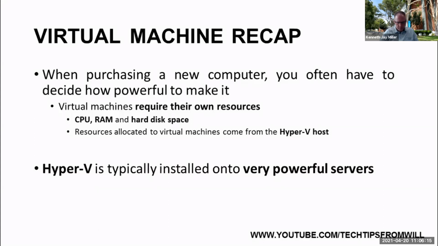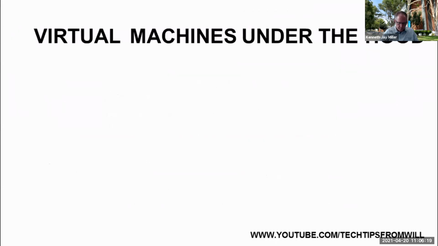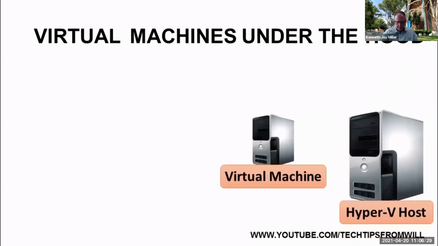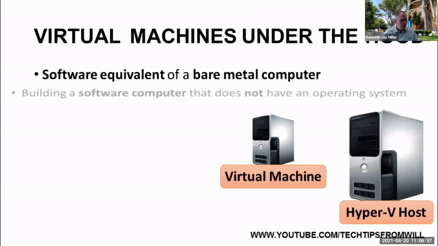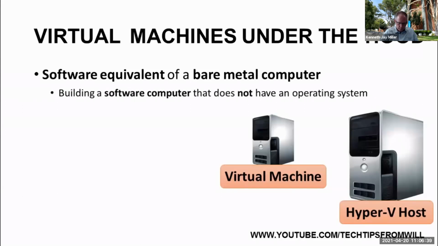Now that we have recapped what virtual machines are, I will next take a look at virtual machines under the hood, including the files and components that make up a virtual machine. When you create a virtual machine in Hyper-V, you are essentially creating the software equivalent of a bare metal computer. In other words, you are building a software computer that does not yet have an operating system.